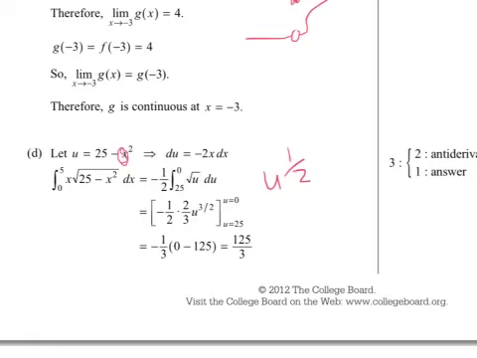Just remember, lastly, when you put in 0 and 25, if I have, for instance, 25 to the 3/2, this might confuse you, isn't this saying square root of 25 cubed? Isn't that what it's saying? The square root of 25 cubed, which is 125. And 0 is pretty easy.